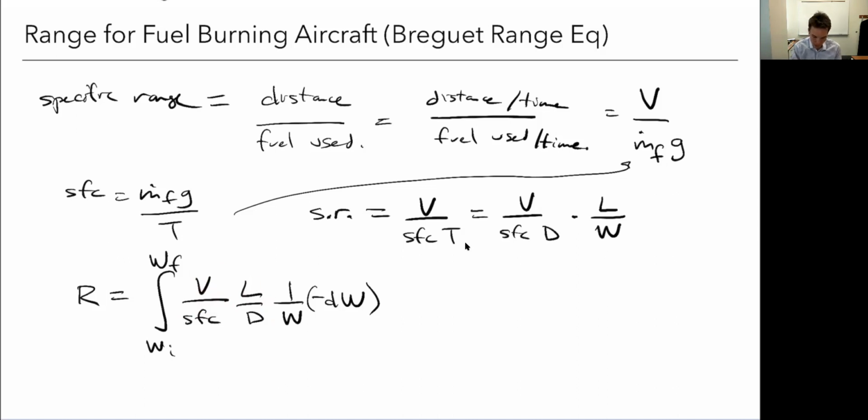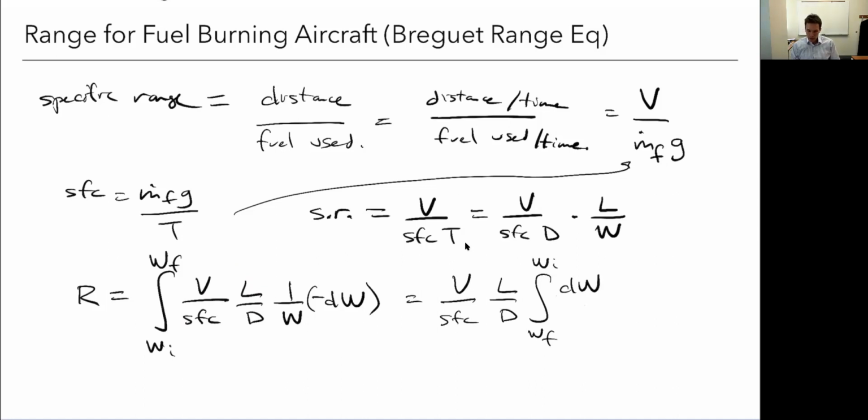So if we pull all those out of the integral, we get V over SFC, L over D, times the integral of just dW over W. And then the negative sign is going to flip the limits of integration.